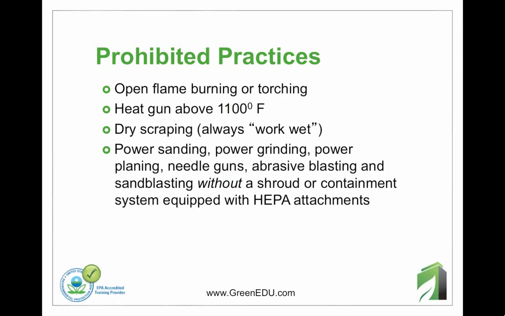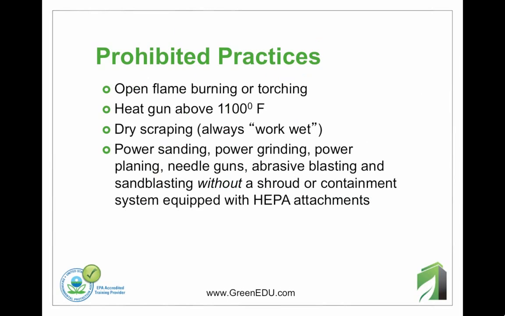There are prohibited practices that you'll learn in this training, things that you should no longer do if it is a habit or practice that your company has. Under this RRP rule, open flame burning or torching and heat guns above 1100 degrees Fahrenheit are absolutely prohibited. The reason is that you turn that lead paint into a fume, into a gas, and at that point it can go through the pores of a human being's skin.